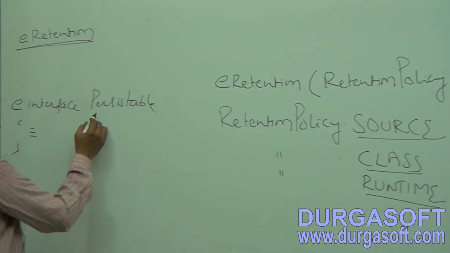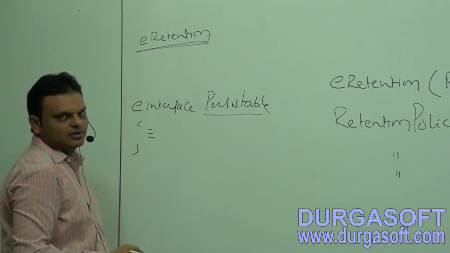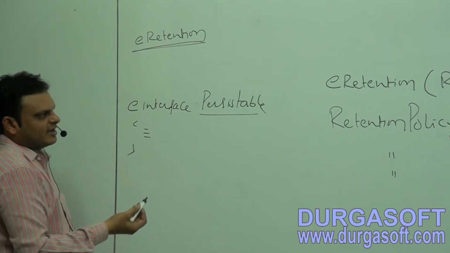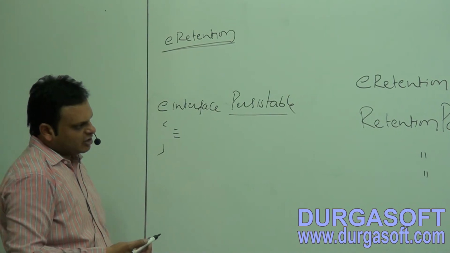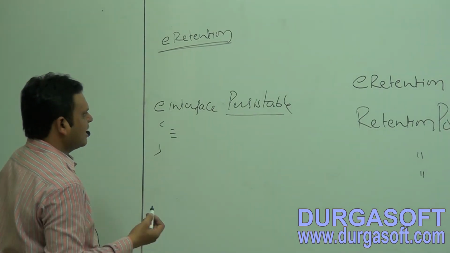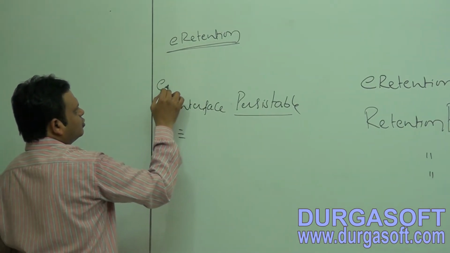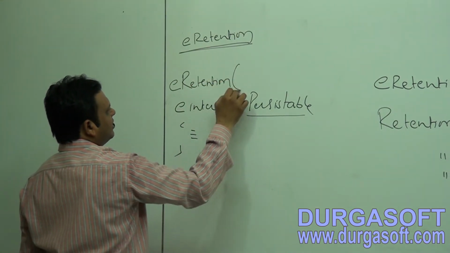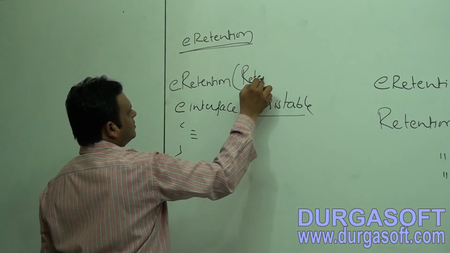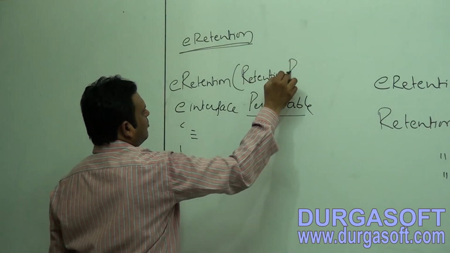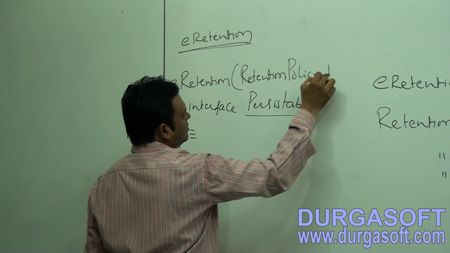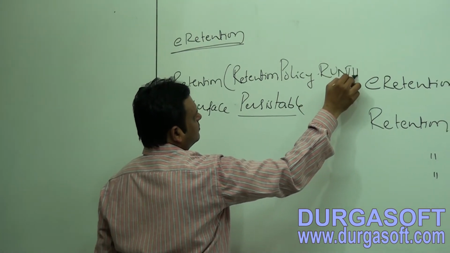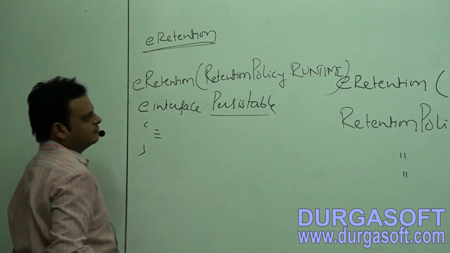Now, I want to declare my Persistable annotation. I want to make this Persistable annotation available along with the Java code up to runtime. So what do I have to do now? I need to use @Retention, where we need to provide RetentionPolicy.RUNTIME. That's all.